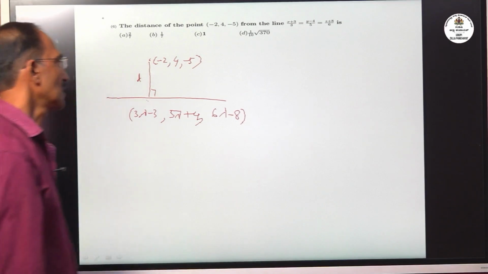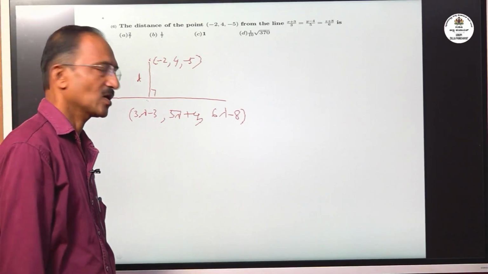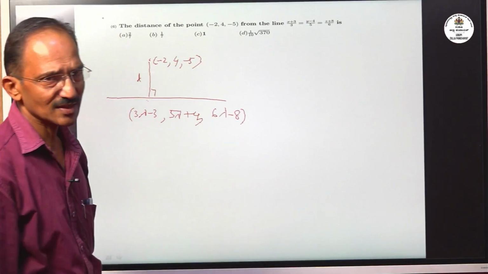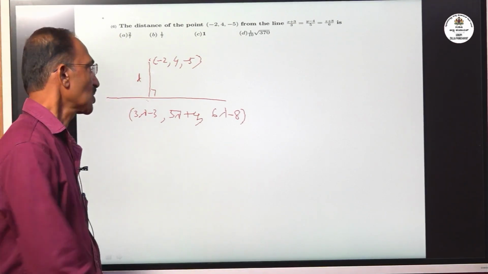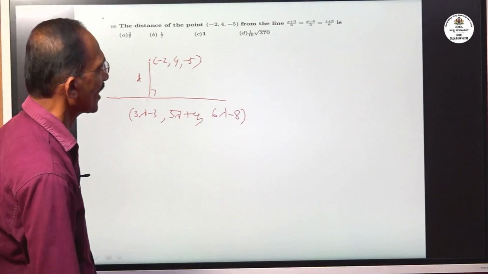So this is the general point on the line, and we consider it as the foot of the perpendicular. What are the direction ratios of the line? That we got as 3, 5 and 6.